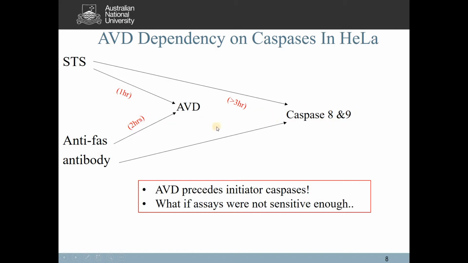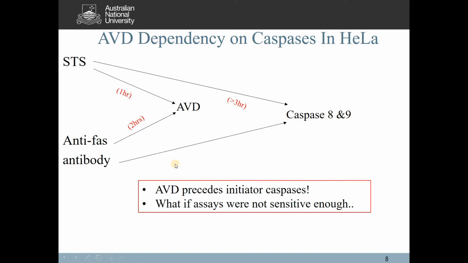Okay, so this means the AVD again must be preceding the initiator caspases, because it is occurring at an earlier stage than caspase 8 or 9, which are the products of the extrinsic and intrinsic pathways of apoptosis.